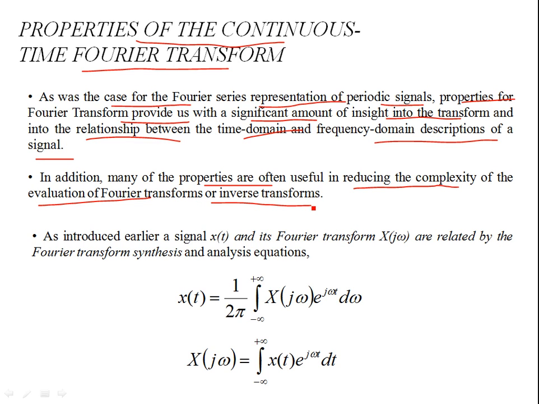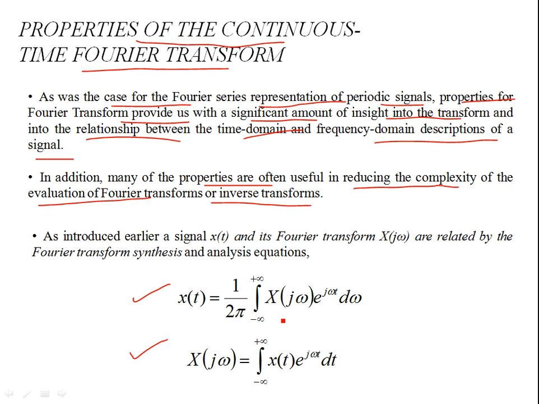One similarity you will notice in the Fourier analysis and synthesis equations is this: in the Fourier series representation of periodic signals, you have the summation, and you're summing up complex harmonically related exponentials with their corresponding Fourier coefficients as their weighting.